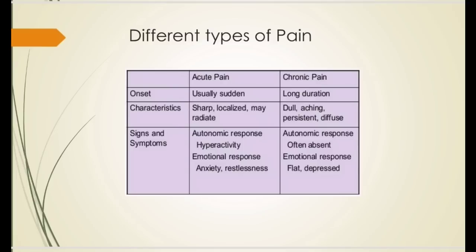And if I ask you to describe it, what does it feel like, how are you feeling this pain? You will usually tell me that it feels sharp, localized, and it's also radiating to some other areas.